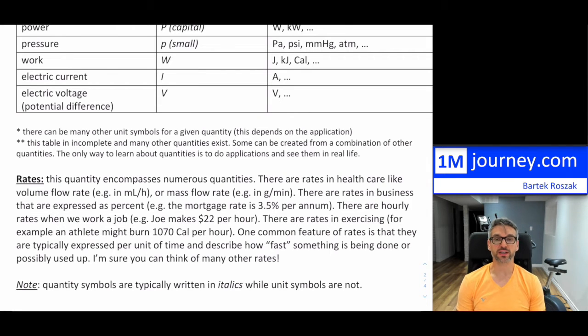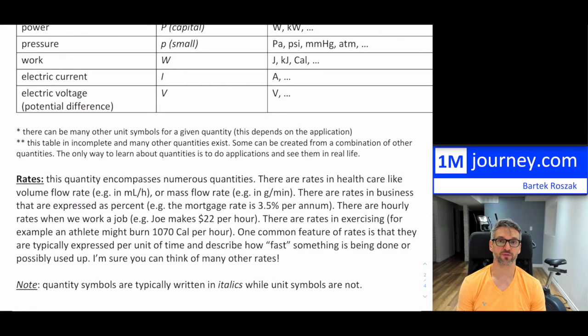And so all of these rates, okay, when we see those quantities of rates, they are most of the time something which is changing with respect to time. So it is how fast or how quickly something is being done or is being used up in some particular way, or is made in some way.